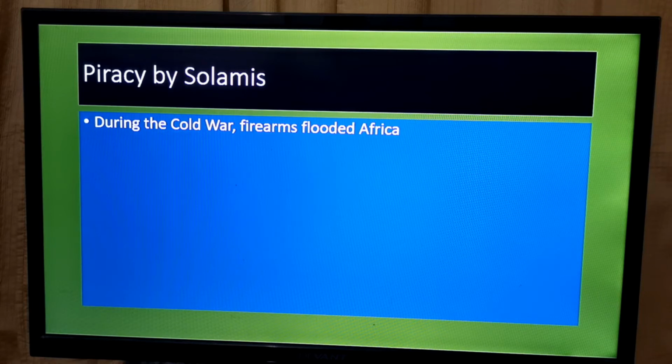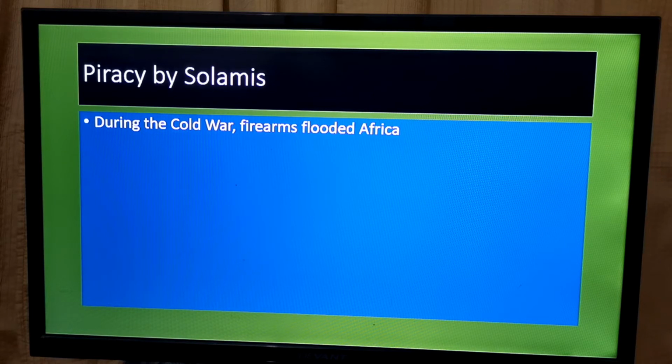And so they would flood the poor countries with firearms to fund rebellions, to overthrow the government that is seated. Like, for example, you have a democratic government, you're a communist country trying to win that democratic country into a communist country, so you have to give guns and bullets to the rebels in that democratic country.